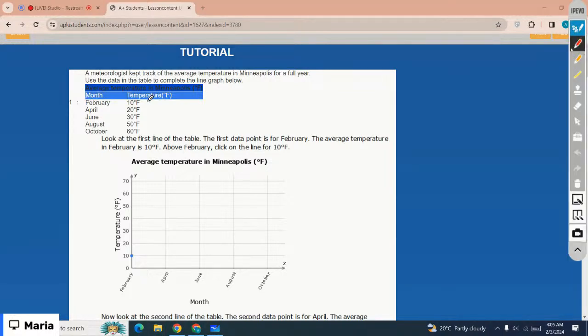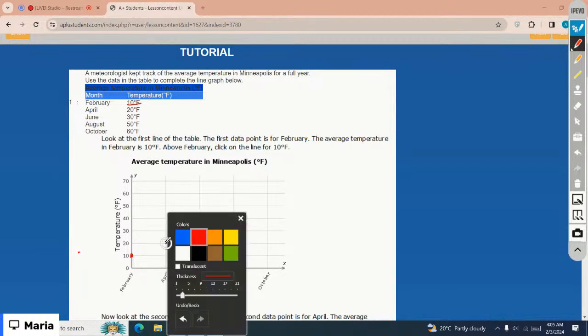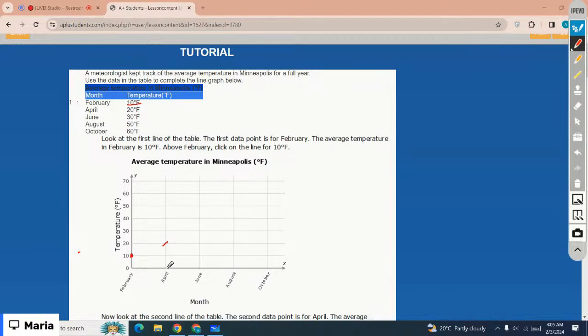So you can see here February is 10 degree F, so here is February, here is 10 degree, right? Now the next one is April. April is 20 degree F, here is April, and you need to make a point that is in front of both April and 20, right? So here it is. Okay, the next one is June.